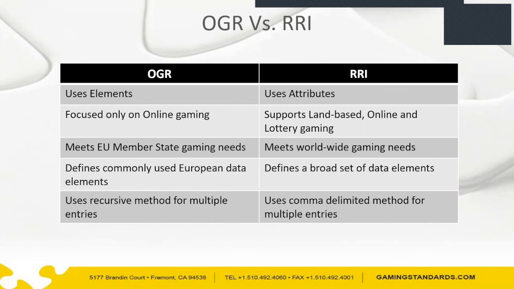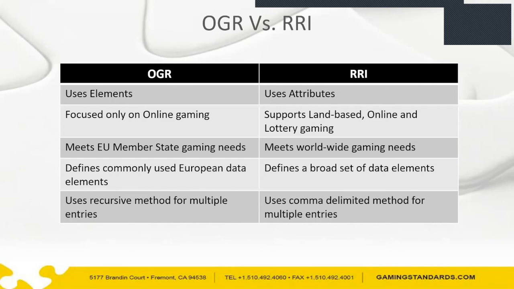OGR also defines the commonly used European data elements. It doesn't define everything, and I use the word commonly on purpose because there are a number of European countries that use data elements that are actually not in OGR, and the reason for that is because we consider those data elements to be one-offs, and so we decided, look, OGR, just like RRI, is extensible. It is very flexible. It uses namespaces just like RRI. It does everything just like RRI.